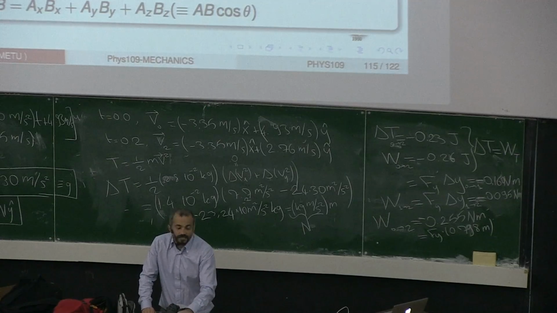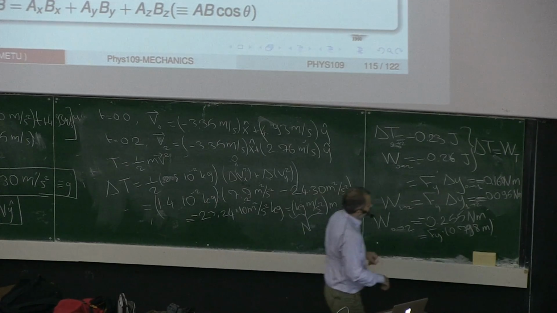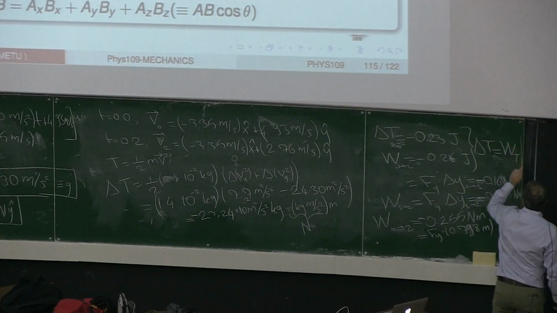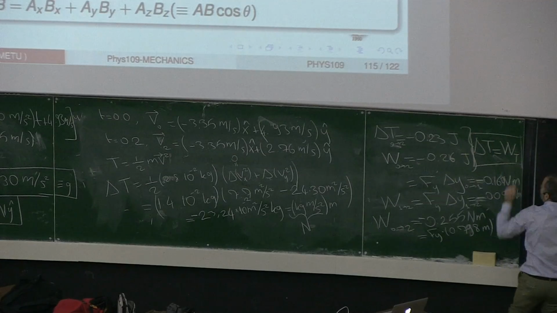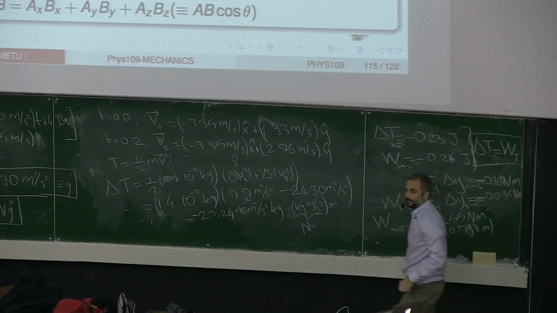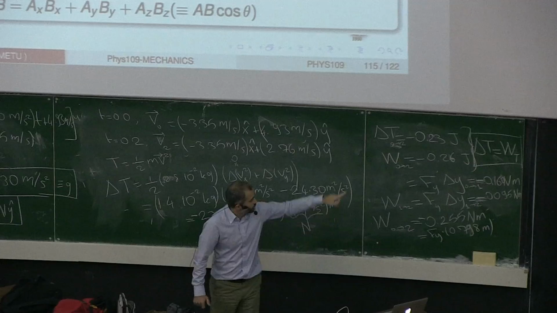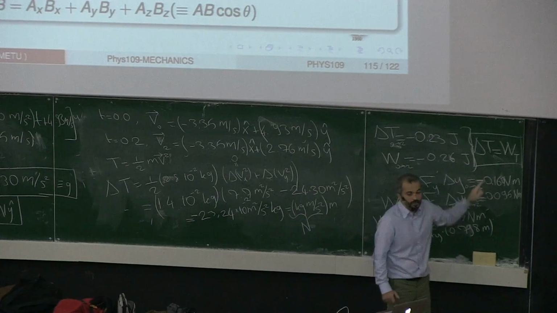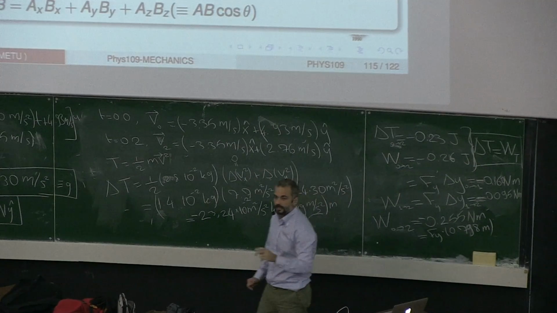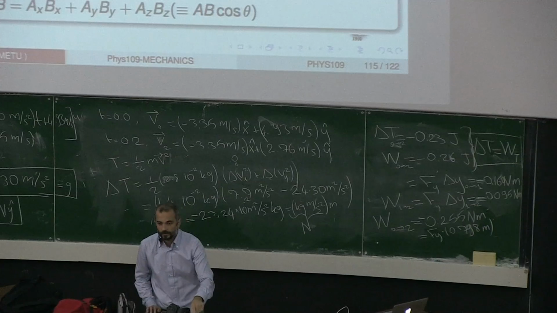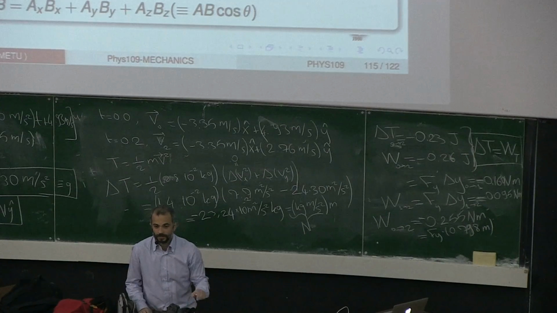Now, the change in the kinetic energy that we have in this energy work relationship is the work done by the net force, not by a single force acting on my mass, but the net force acting on my mass.